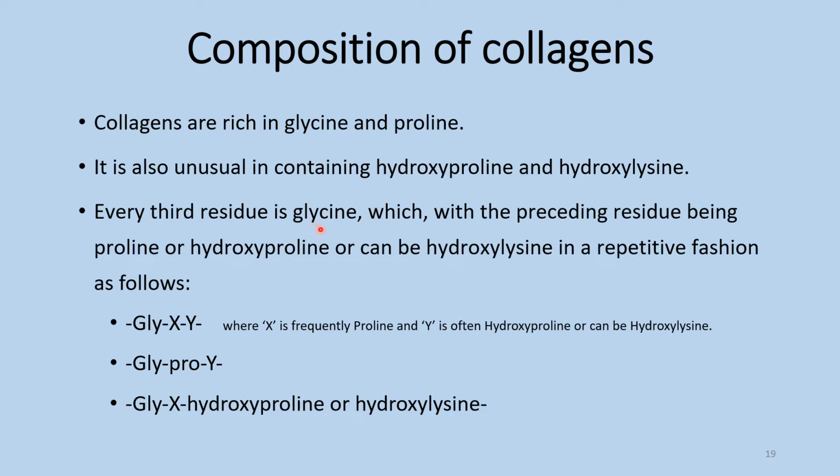Every third residue is glycine, and in position X generally proline is there. In position Y there could be hydroxyproline or hydroxylysine. So glycine, proline, and hydroxyproline or hydroxylysine, these amino acids are found in the collagen molecule.